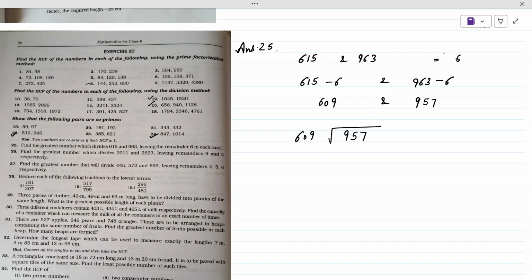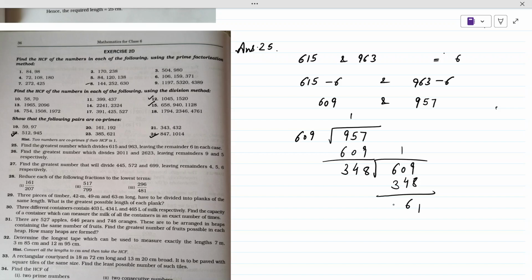So let's do this. Let's take 1 times 609. Now 17 minus 9 will give us 8, and then we'll get 4 here. 9 minus 3 we'll get 6. Now again, 609 with 2 will give us a bigger number, so I'll take 1, 348. 9 minus 8 is 1. 10 minus 4 is 6 here.